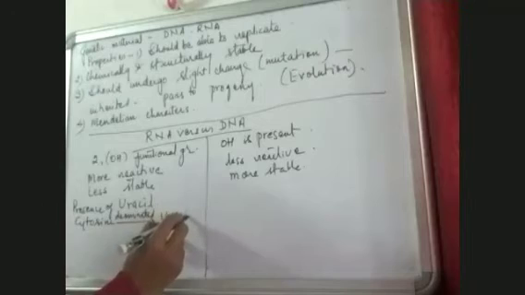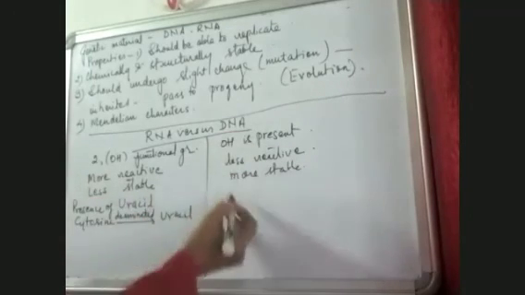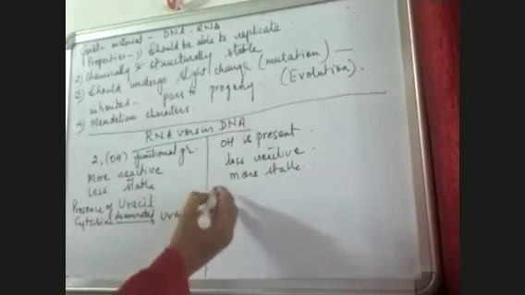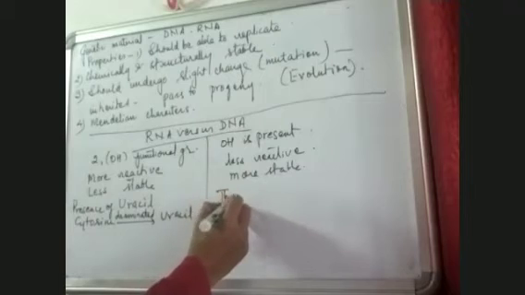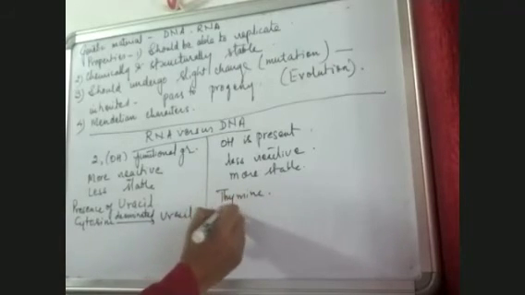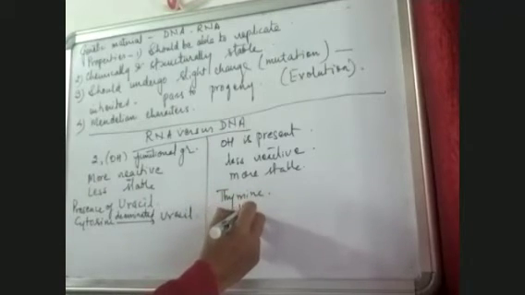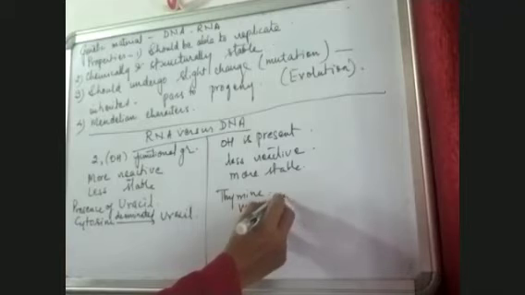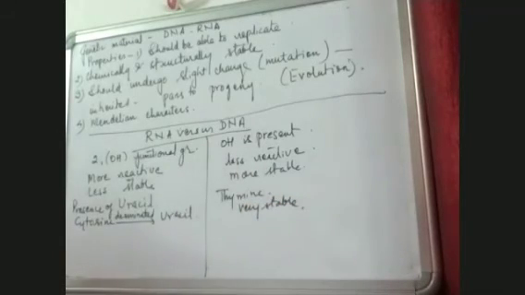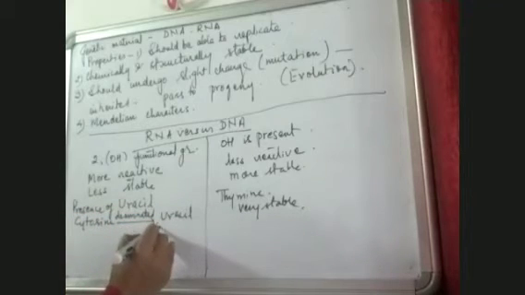Whereas in place of uracil, the DNA has thymine. This nitrogenous base, thymine, is very stable. So the presence of thymine makes the DNA more stable, whereas uracil is not stable.